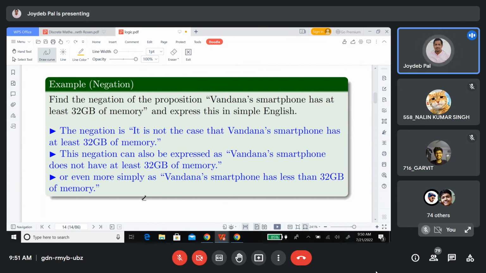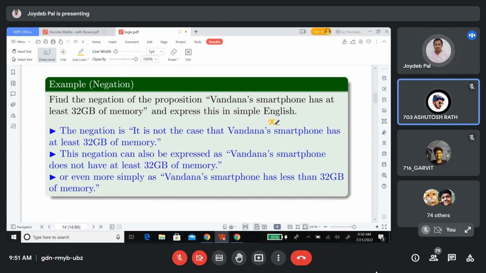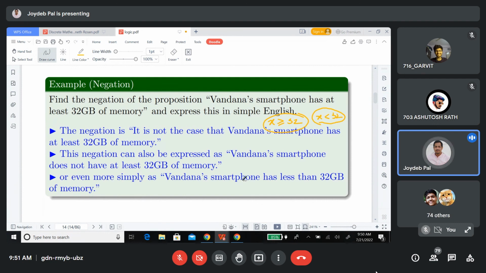Greater than or equal to. So x is greater than or equal to 32 was written. What will be its negation? x is less than 32. You can write this in a sentence: Vandana's smartphone has less than 32 GB of memory. So there are three ways to write the negation.